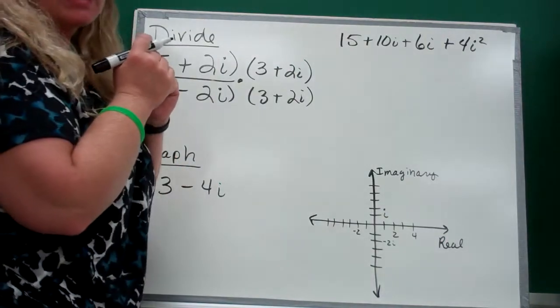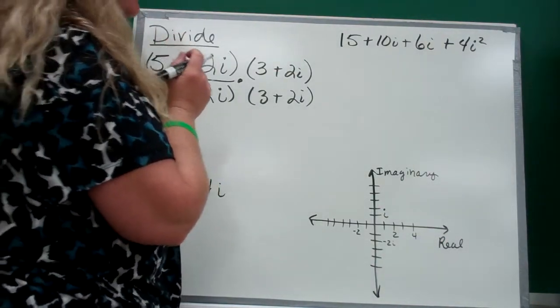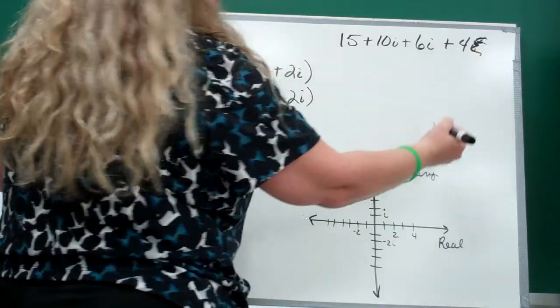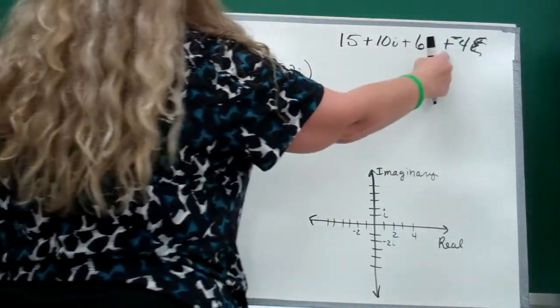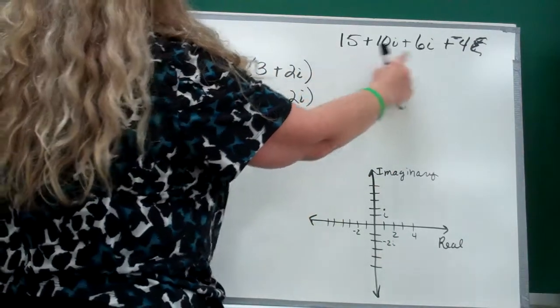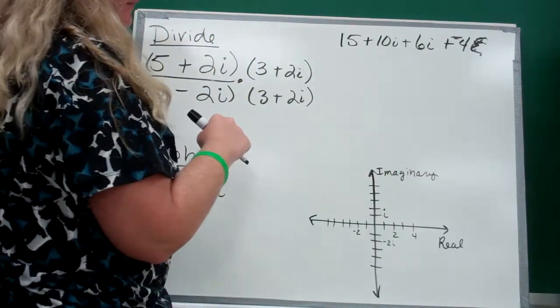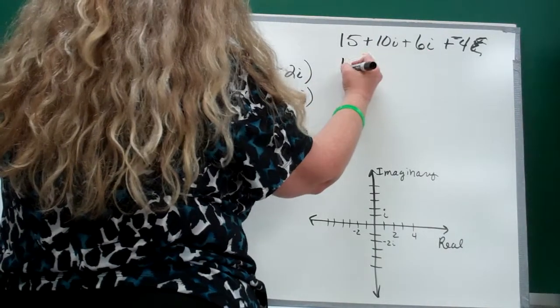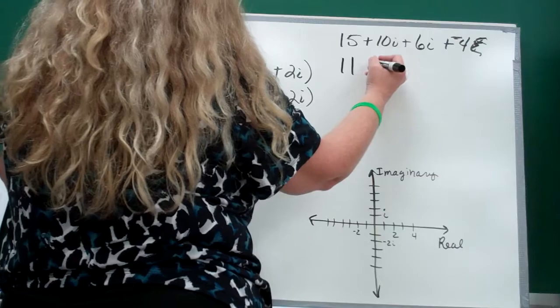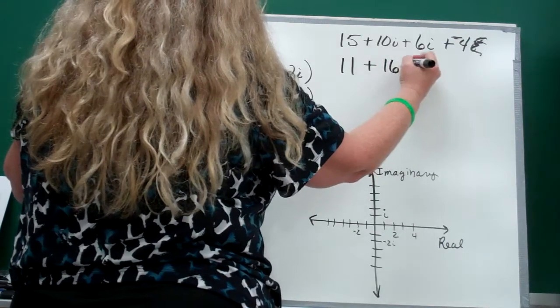But what does that i squared do? i squared goes away because it's 1 and it makes it negative. So this is plus negative 4. So 15 plus negative 4 is 11. 10i plus 6i is plus 16i.